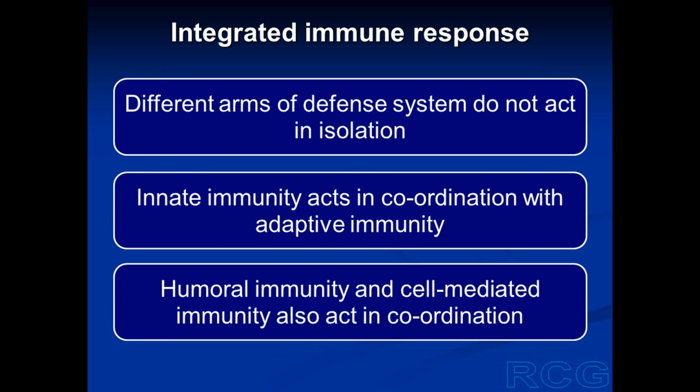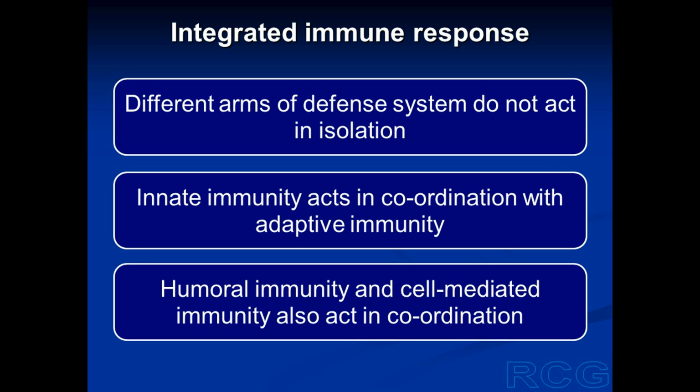Our immune system is made up of different arms like innate immunity, humoral immunity, and cell-mediated immunity. But these arms do not act in isolation. They act in coordination. They coordinate with each other. Innate immunity acts in coordination with adaptive immunity.